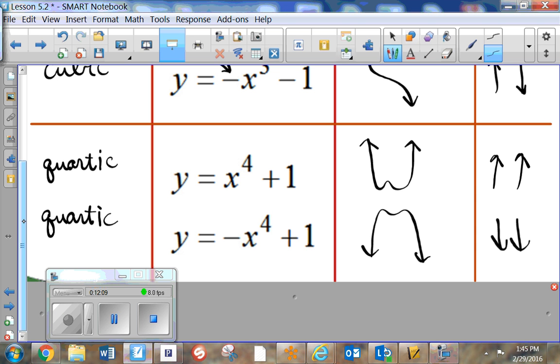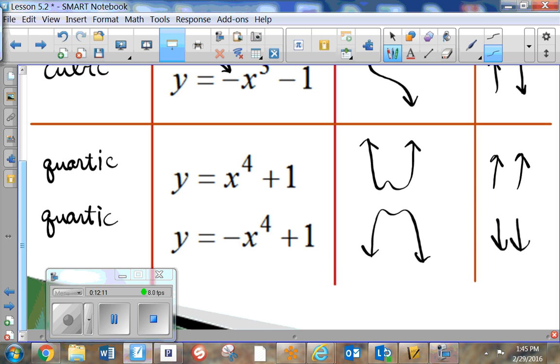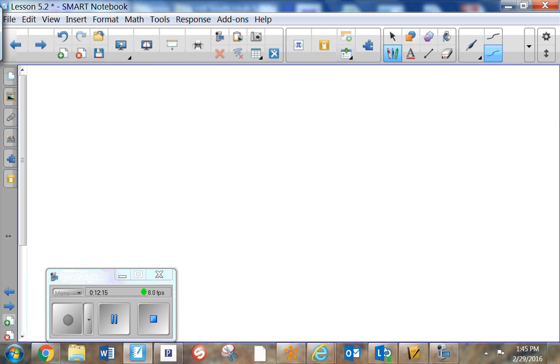So what about the quintic? You think that's something we do here? For some reason I don't have it in my chart, so let's do quintic. Let's just keep it easy. Let's do x to the fifth plus 3.